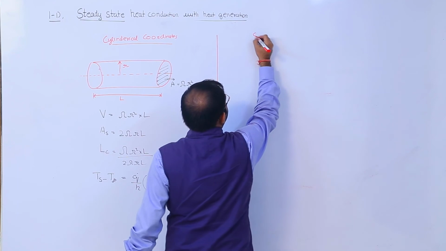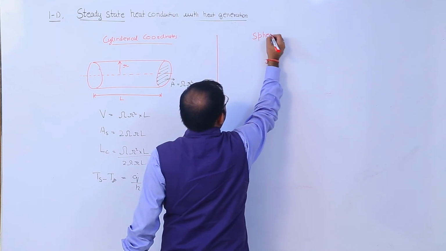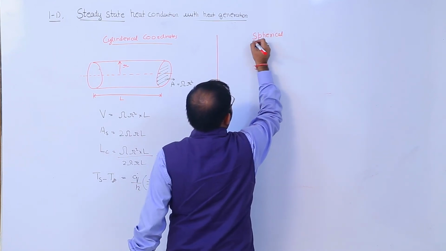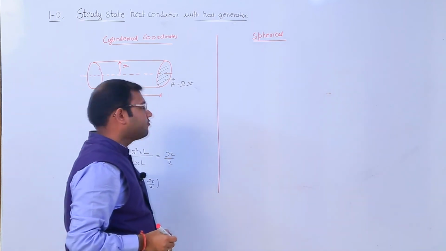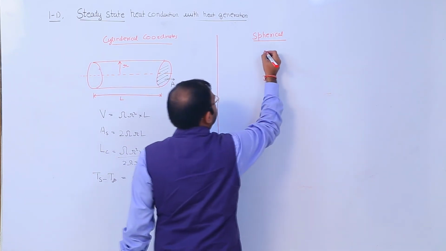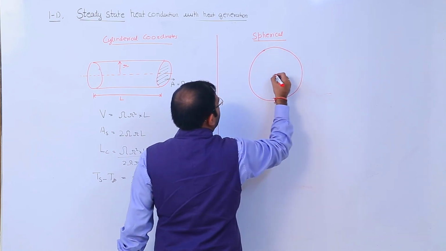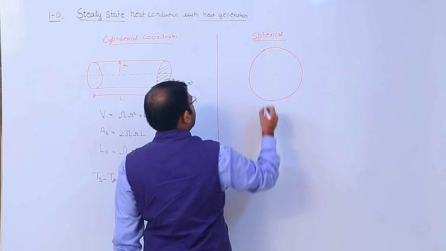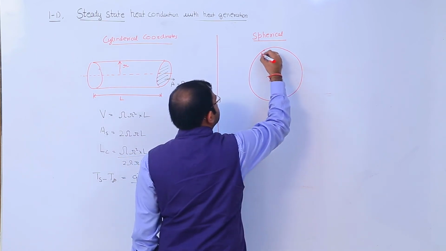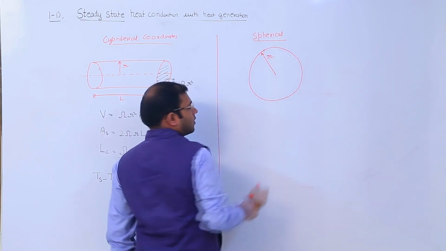Now come to spherical coordinates, fine. Let this be the sphere and this is the center point and the radius is r.